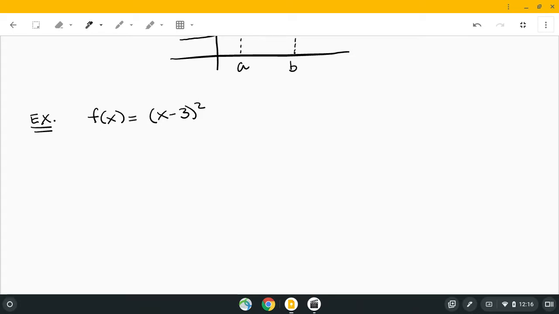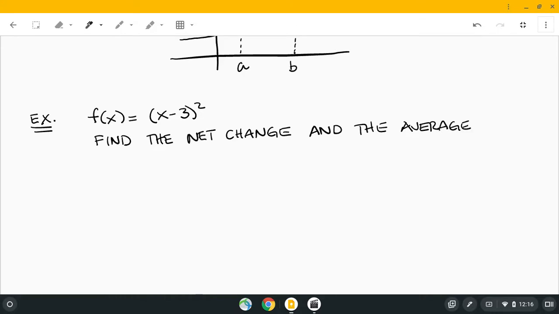And suppose they're asking you to find the net change, that's what we learned before in previous sections, and the average rate of change, which is what we're learning today, between the following points.